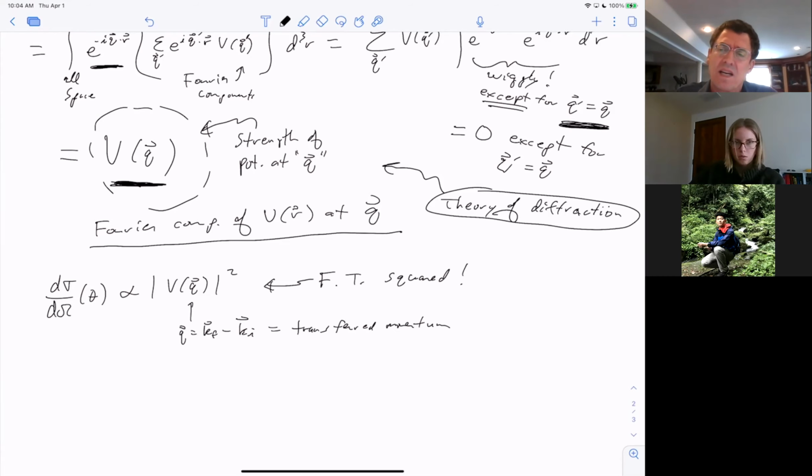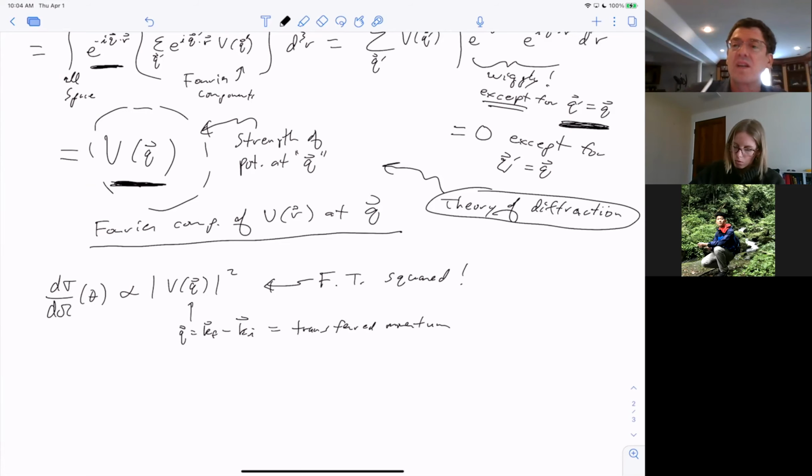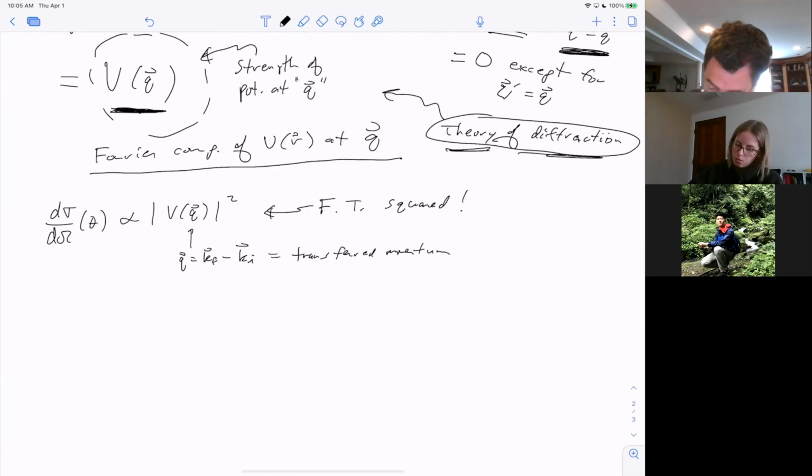The potential is like a series of diffraction grids. Every Fourier component of the potential is a diffraction grid, and one of those is exactly the right one to give it that final momentum and send it in that direction. It's not analogous, it is literally exactly the theory of diffraction. So that's another thing to think about. It's quite cute.